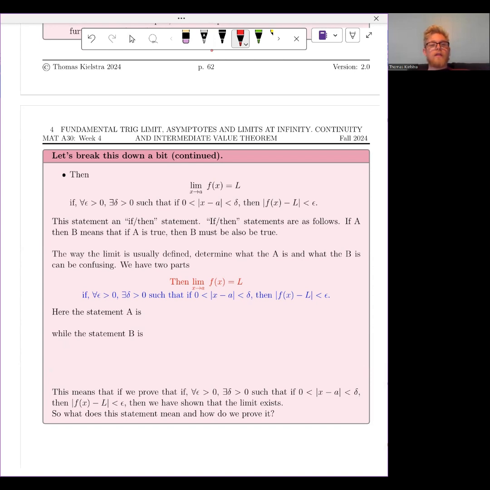So in the parts of the expression, we have two parts. We have the then, the limit as x approaches a of f of x equals L, and we have this if.